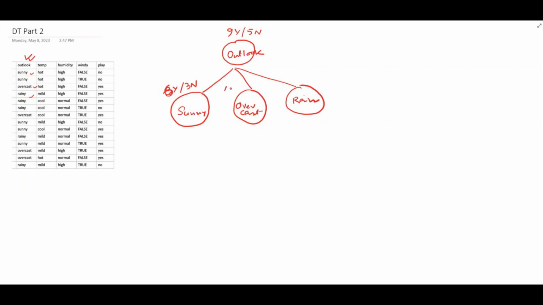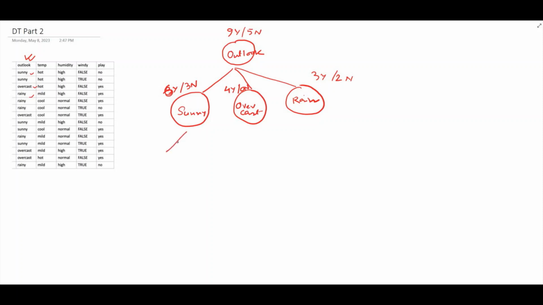So I have 4 yes and 0 no. And when it is rainy, obviously some are yes and some are no. So let's count: 1 2 3. So 3 yes and 2 no. Understand this split?